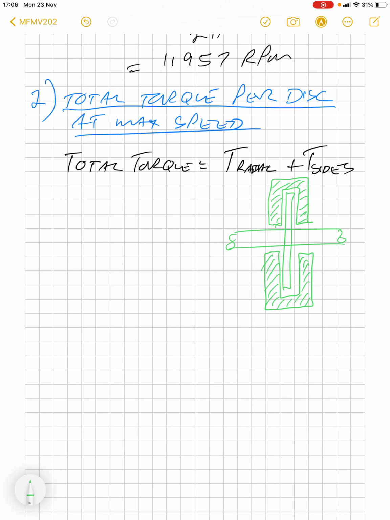And torque on the sides would be there and there. The radial torque would be over here on top.